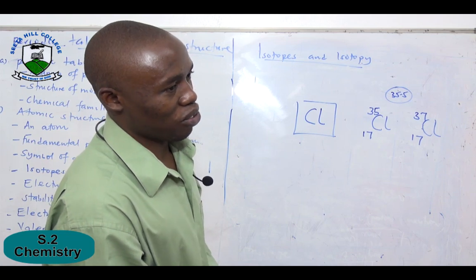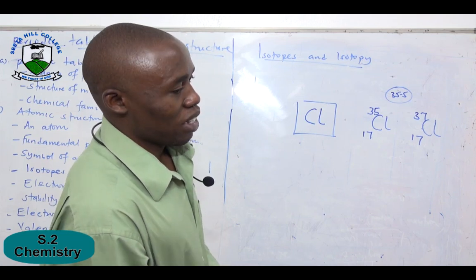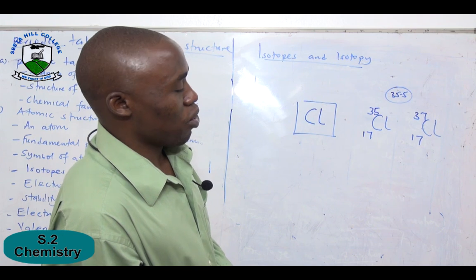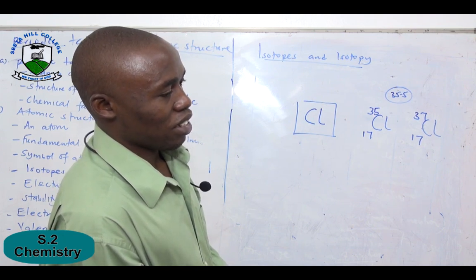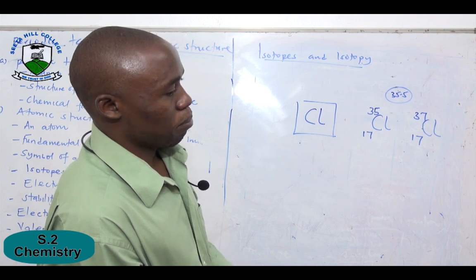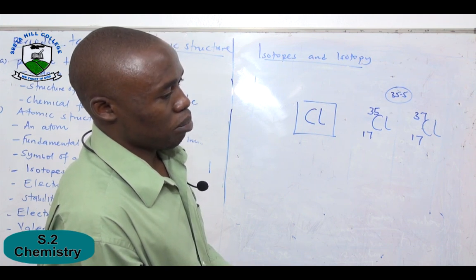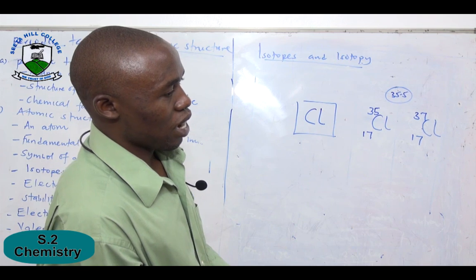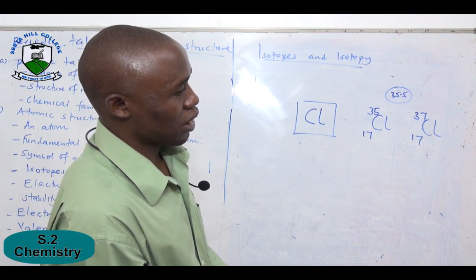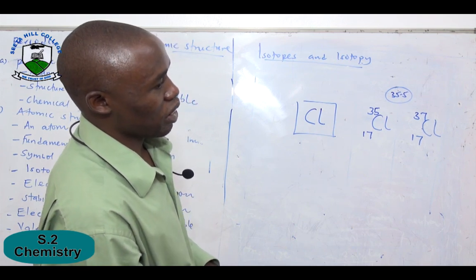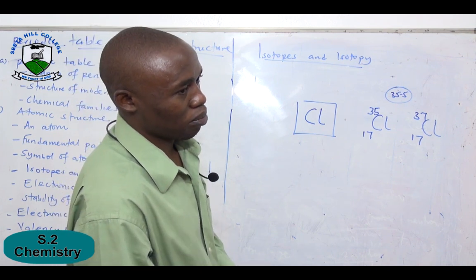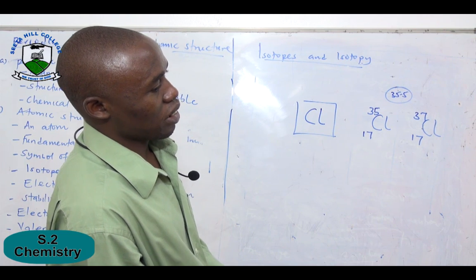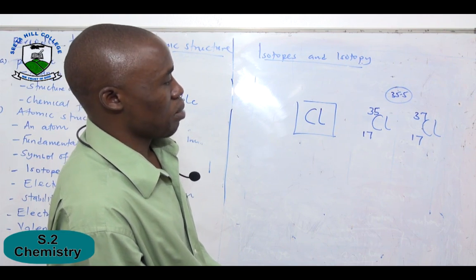Now we can put correct definitions. Isotopy is the existence of atoms of the same element having the same atomic number but different mass numbers.